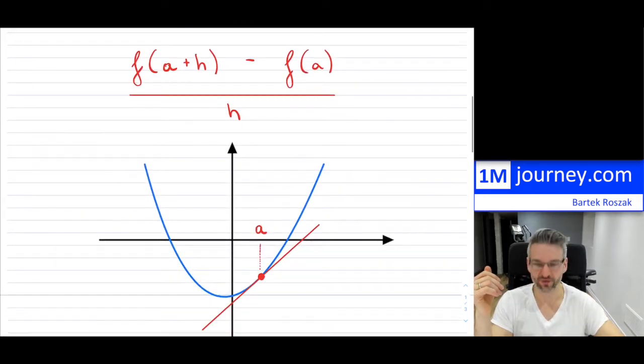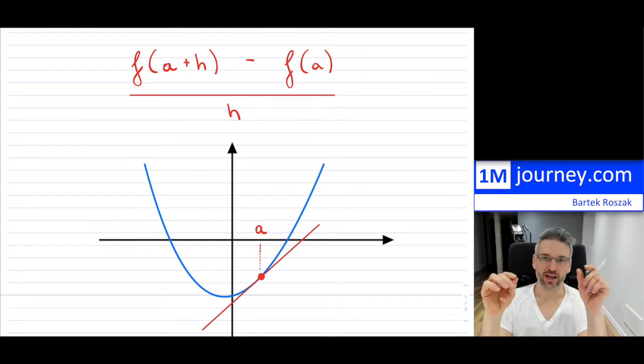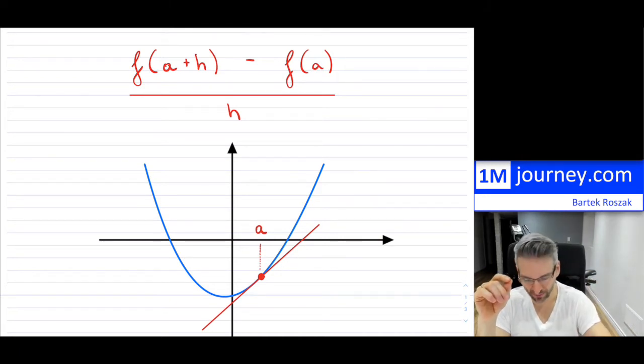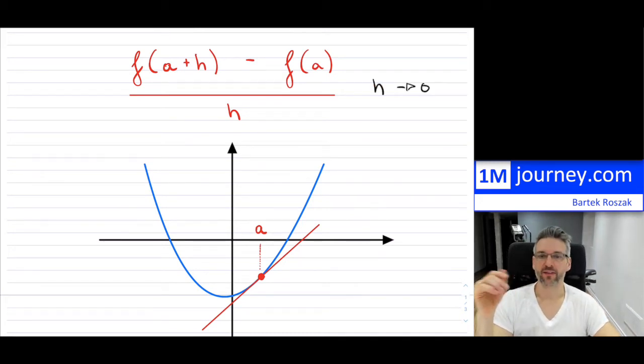So if you wanted to find it at a particular point, a, you would substitute it in and adjust, so you have this little h, and that h is a very, very tiny small number, so this h tends towards 0, and then you can find the instantaneous rate of change at a particular point. So that's nothing new, right?